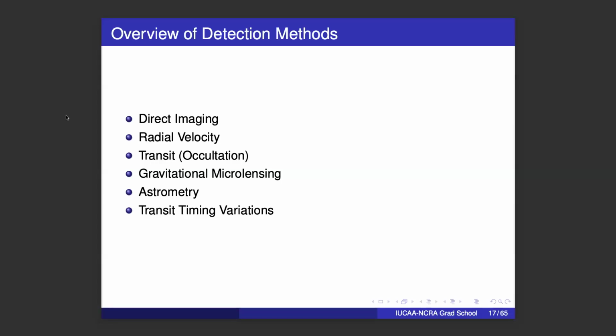The fourth technique is gravitational microlensing, and I have a figure a little bit later which illustrates this. But here the basic idea is that if you have a distant object emitting light and a massive object comes in between you and that distant object, then the light from that distant object will be lensed by this nearby object, and suddenly that distant object will appear to brighten.